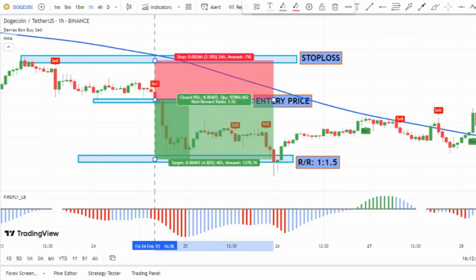To test the effectiveness of this strategy, you can backtest it on any markets. So now let's do the backtesting.